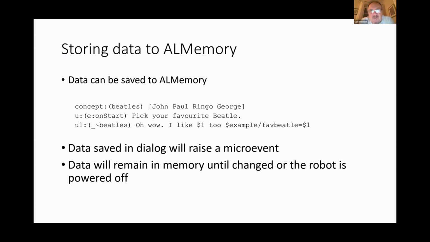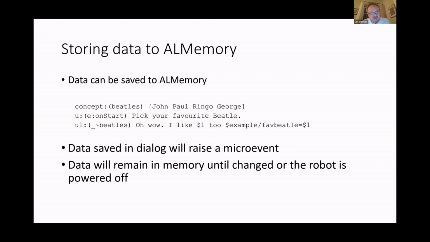Micro events and events are subtly different, but nothing for you to ever worry about. You can subscribe to a micro event just the same way that you can subscribe to a normal event. So inside Choregraphe, I can also trigger something to happen when that example fave beetle is updated, yeah?